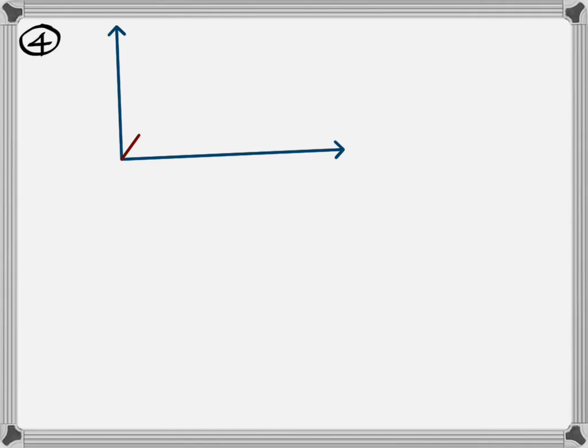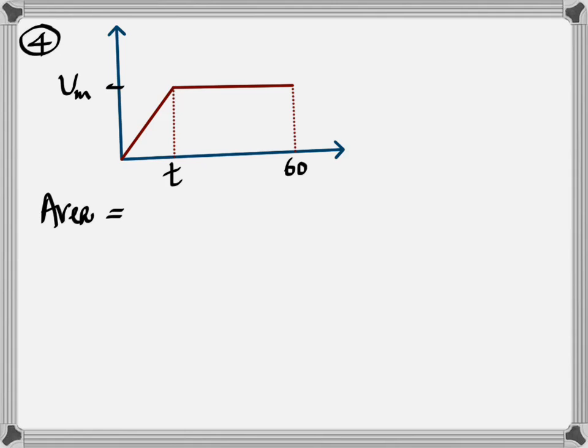In question 4, this can be easily done using a velocity time graph, because for the first t seconds it was accelerating and then it was cruising. So the area of the velocity time graph gives you displacement.